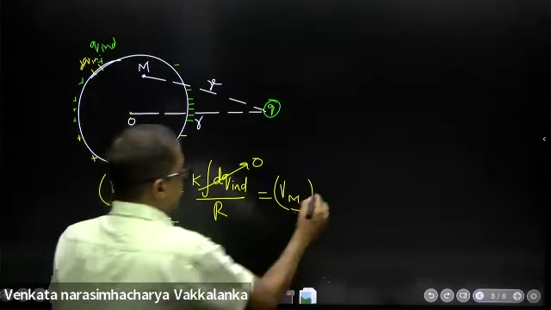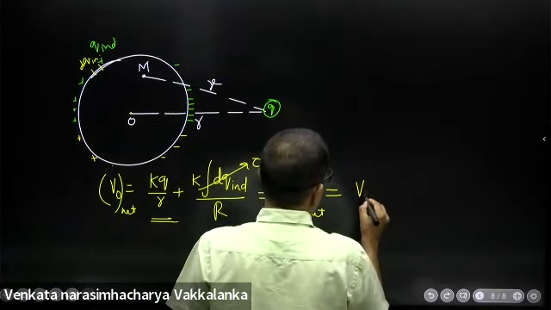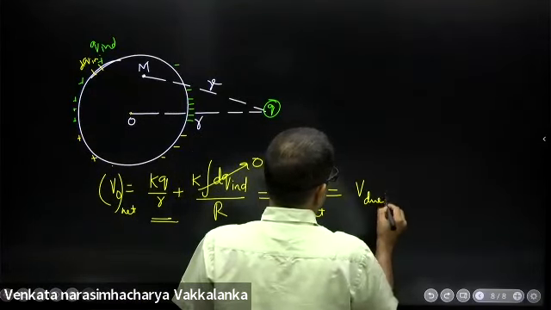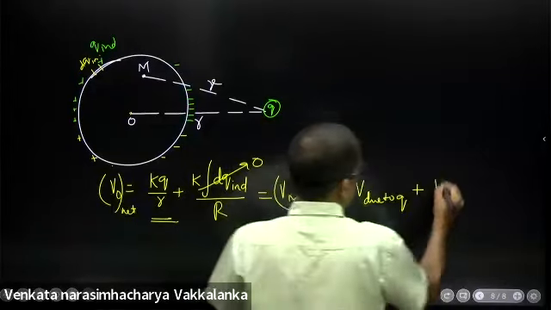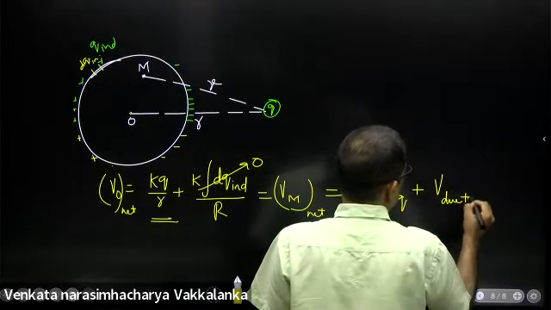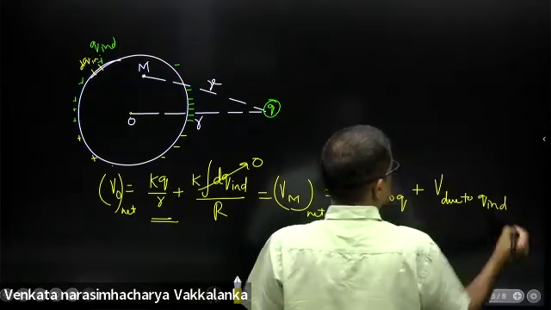Now potential at M is potential due to Q plus potential due to Q induced.